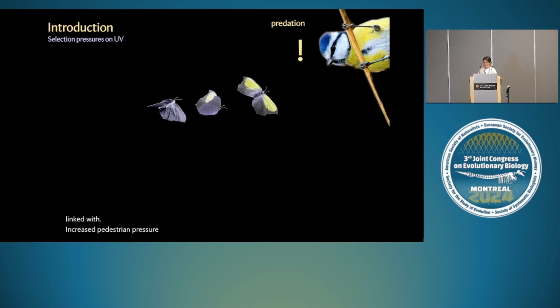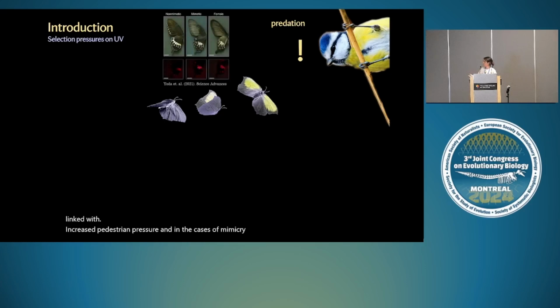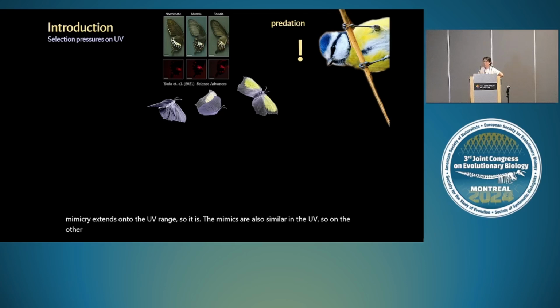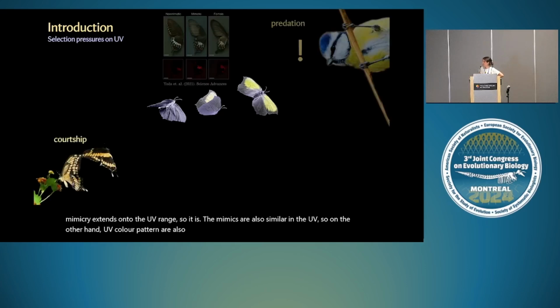And in cases of mimicry, it has also been shown that the mimicry extends onto the UV range, so the mimics are also similar in the UV. On the other hand, UV color patterns are also involved in courtship and mate choice. In several species, it has been shown that females prefer to mate with males that have a more brightly colored pattern in the UV.